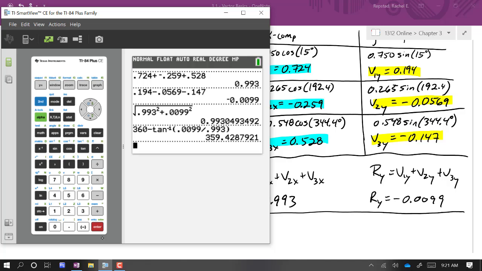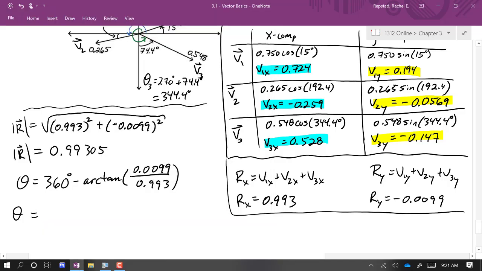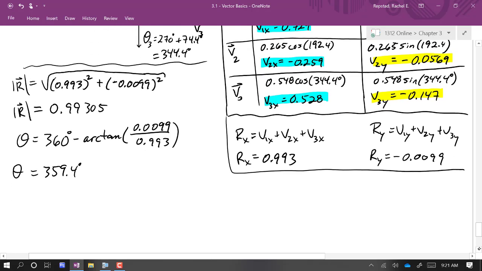And that's 359.4 degrees. So this is just a skosh below the positive x-axis. It's almost on the positive x-axis itself. It's just like a hair below. So the resultant vector is a magnitude of 0.99305 at an angle of 359.4 degrees.